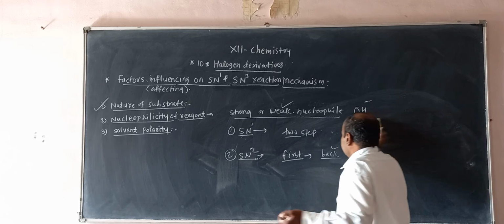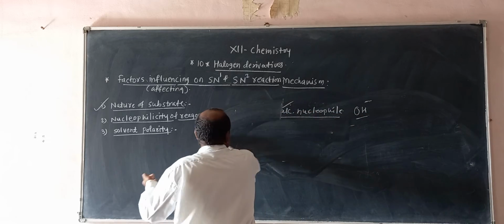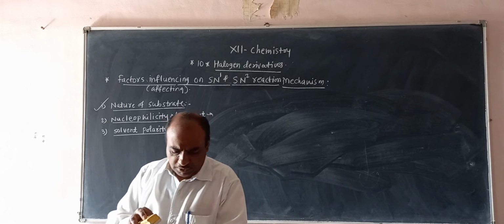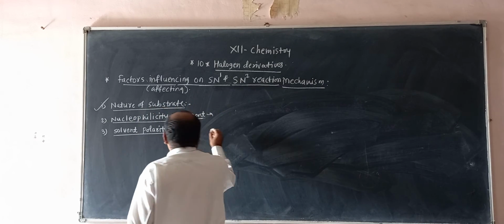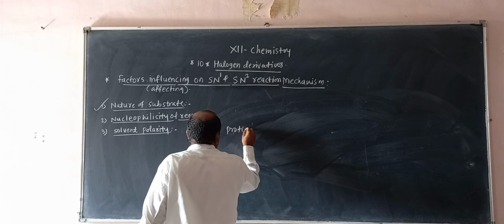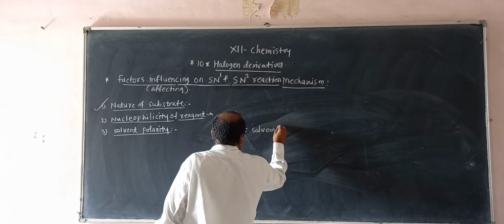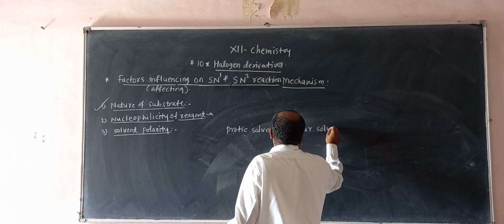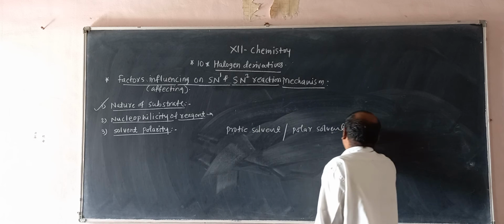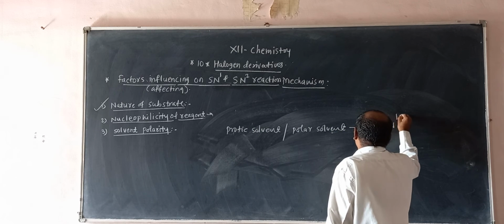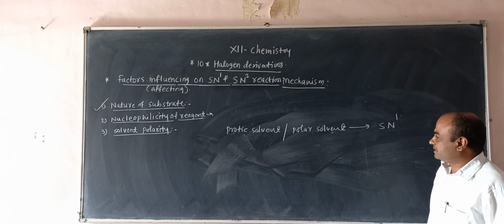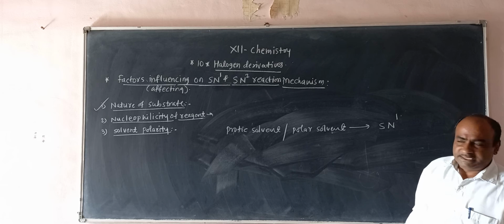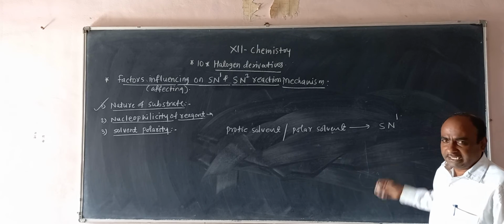Now the third factor is the solvent polarity. If you use protic or polar solvents, they are favored for the SN1 reaction, because in the SN1 reaction the carbonium ion is formed with less solvation energy.